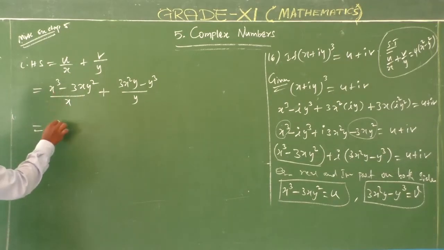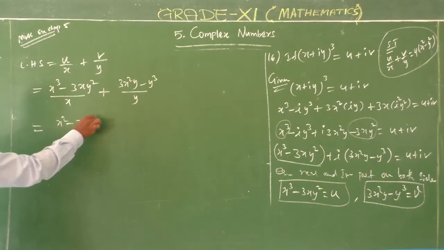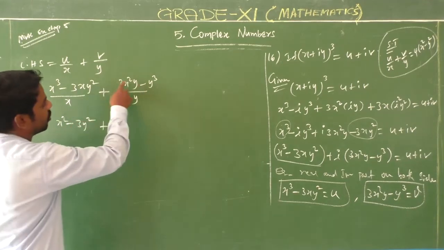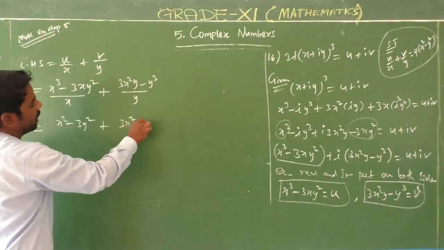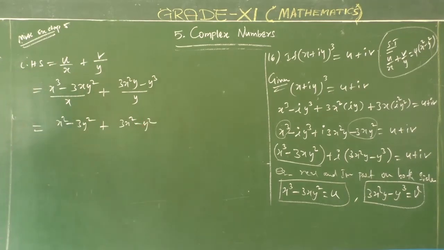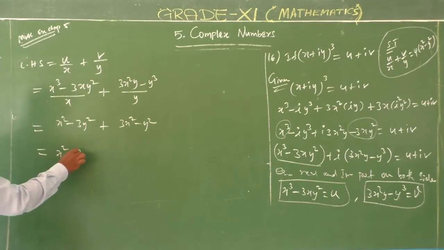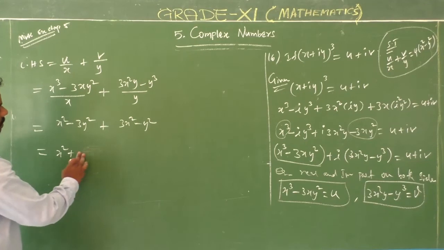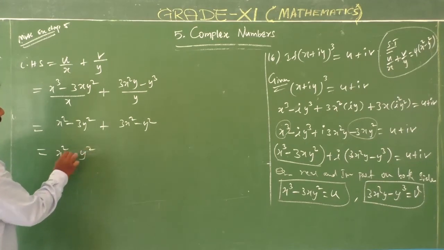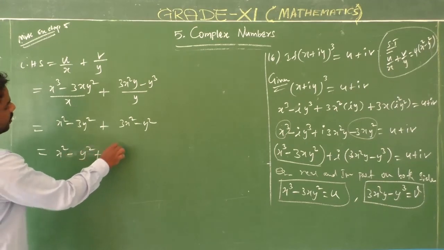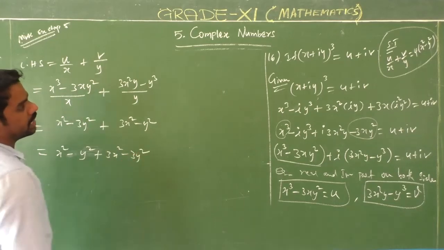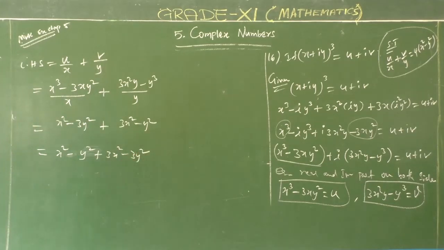X cancels, so x squared minus 3y squared, plus here y is common, so 3x squared minus y squared. That is x squared plus 3x squared, minus 3y squared minus y squared.